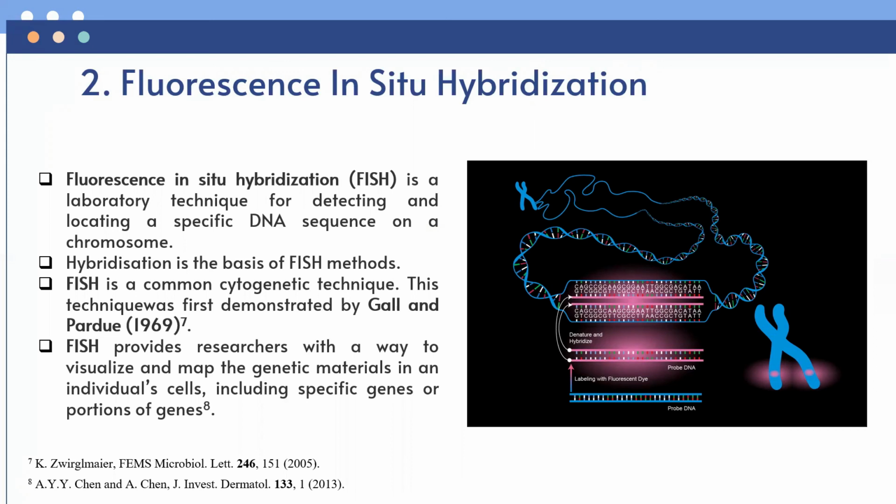A will pair with T, C will pair with G, using hydrogen bonding. The high affinity with which complementary base pairs bind to their corresponding partner is called hybridization. Hybridization forms the basis of the fluorescence in situ hybridization, or FISH technique.